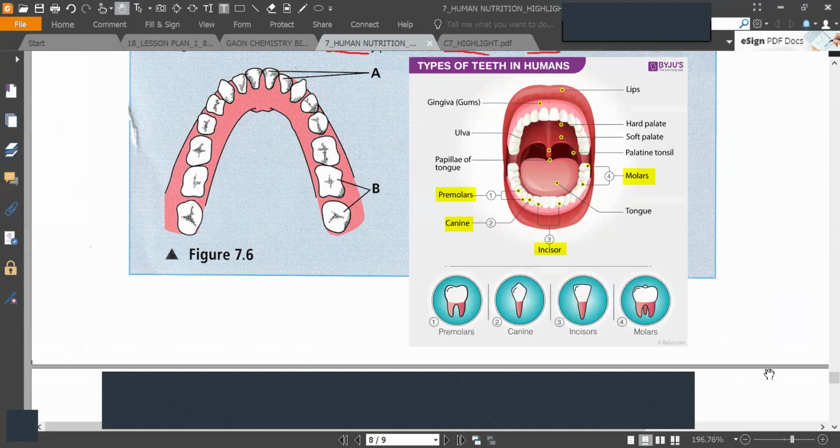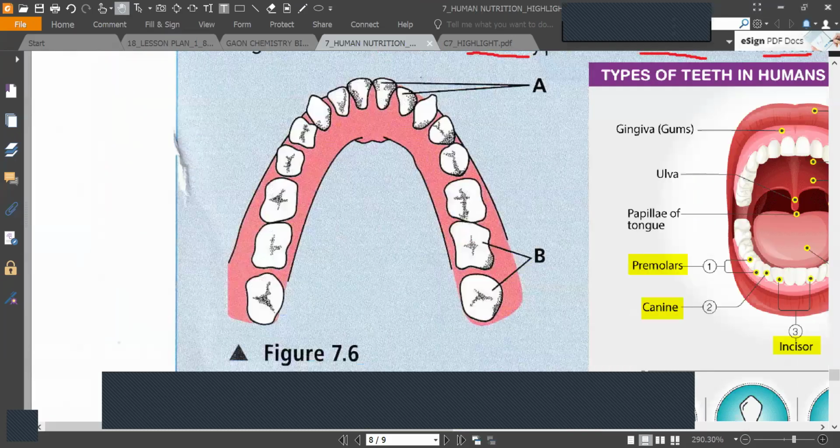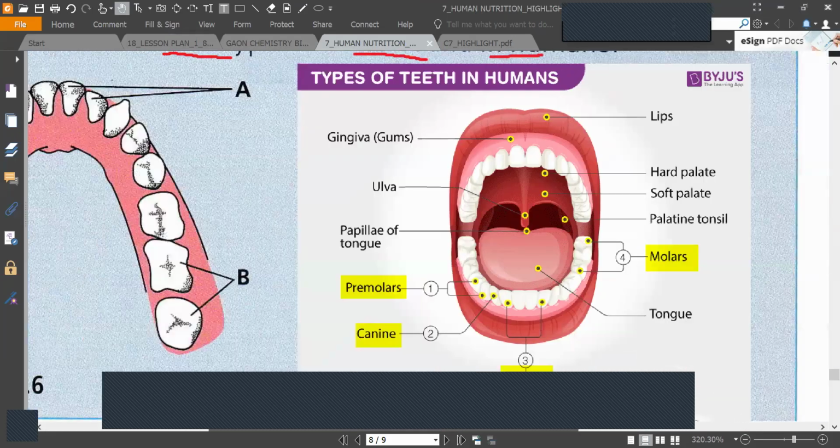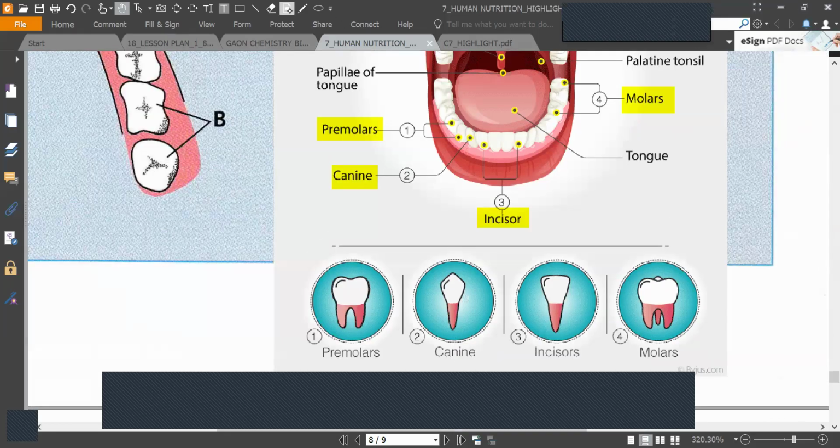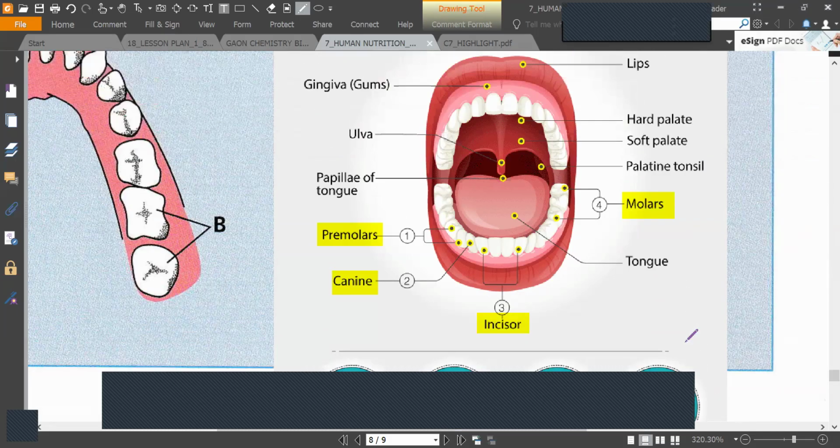If we focus here, there are 4 types of teeth: incisors, canines, premolars, molars. The front four teeth will be incisors, and on the side will be canines, 2 of them.